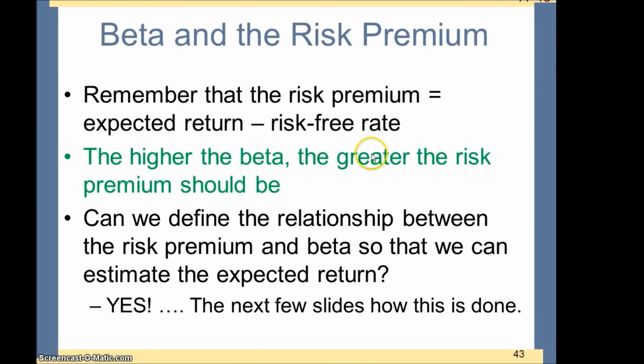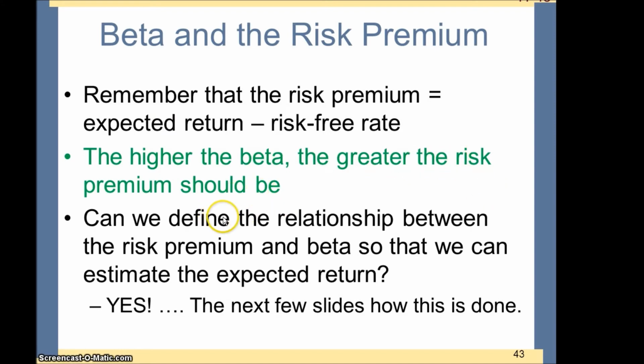Now, the higher the beta, the greater the market risk. The greater the market risk, the greater the undiversifiable risk. So the higher the beta, the greater the undiversifiable risk, so the greater the risk premium should be.